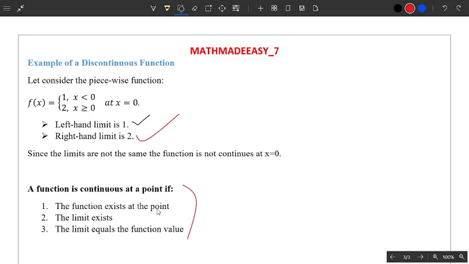These are the conditions that you should note when you are checking for the continuity and the discontinuity of a function at a given point. All right, so that's for today. Once these three conditions are satisfied, the function is continuous at that point.